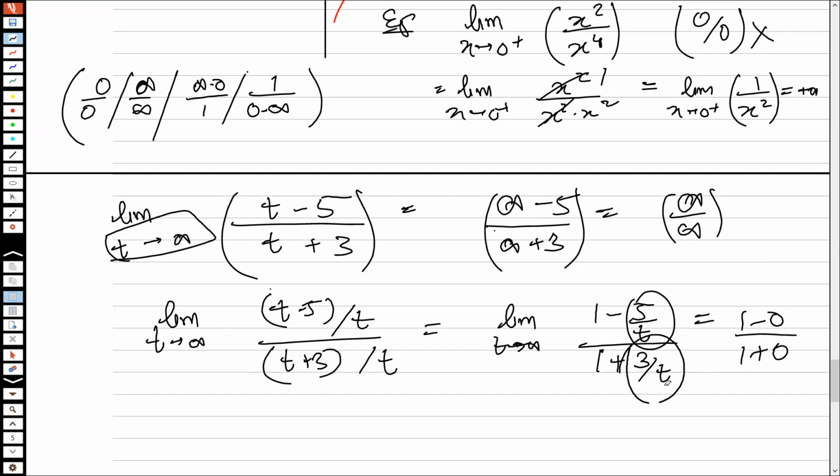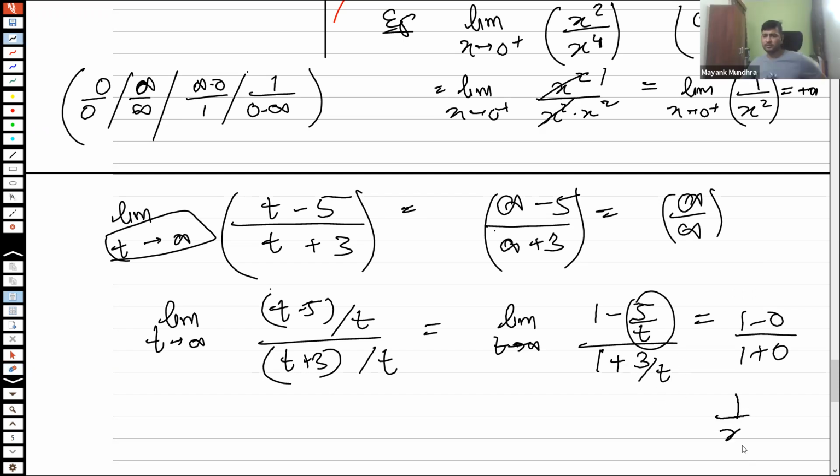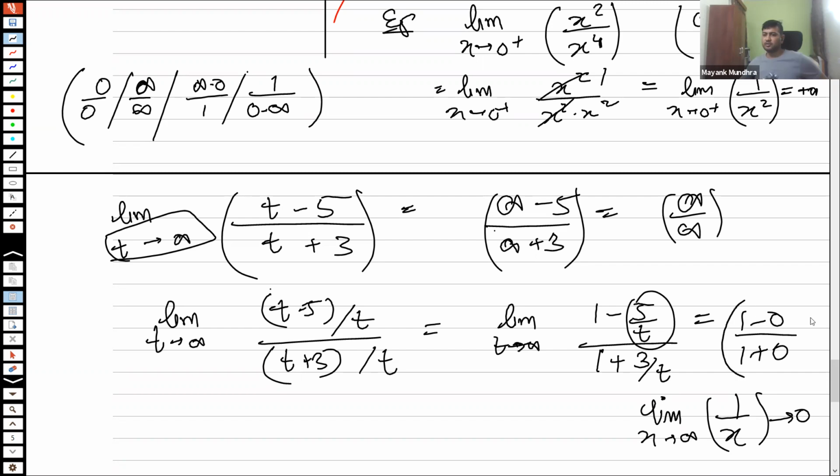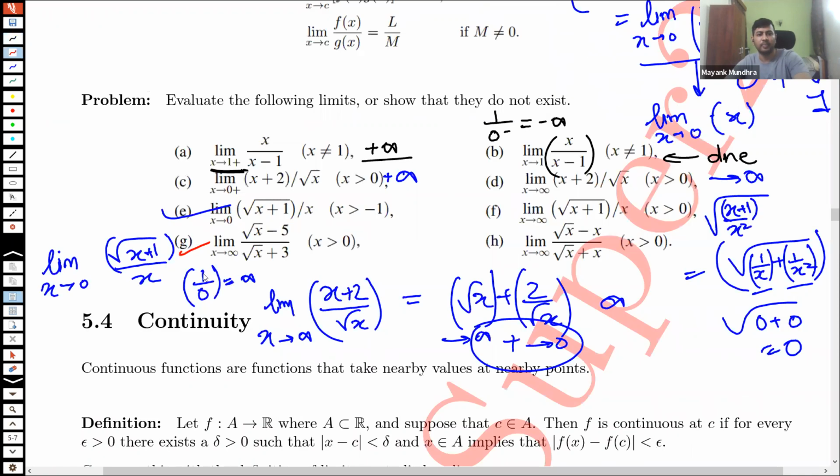Dividing by a very large number gives 0. What happens to 1 by x as x tends to infinity? It is 0, right? So 5 by t is going to be 0. Now this becomes 1 minus 0 upon 1 plus 0, which is basically 1 by 1. So that is 1. So this thing becomes 1.